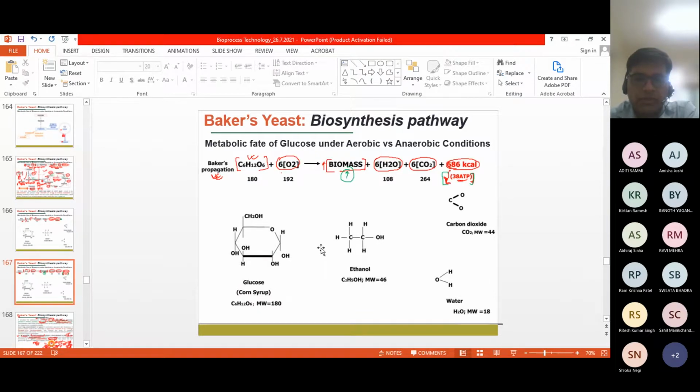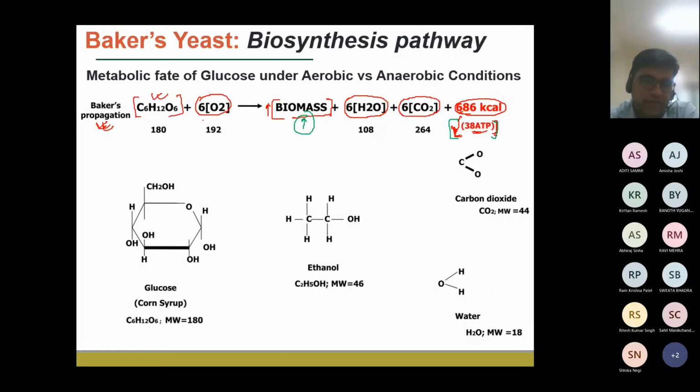So we have gone into the details, and this shows the overall biochemical reaction that is going on, where it utilizes, for example, glucose in the presence of oxygen and produces the biomass, which is the main product.